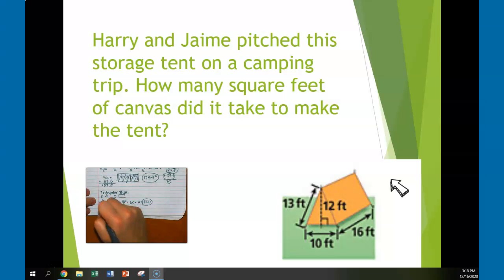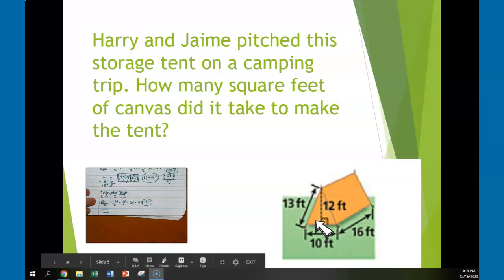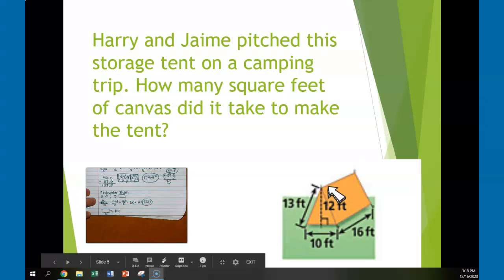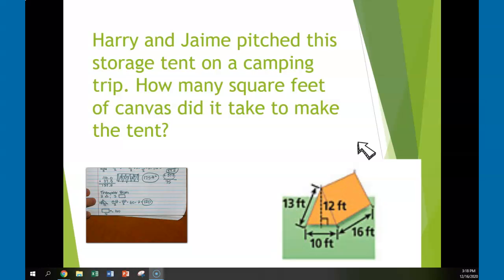Then my rectangles. I've got 10 by 16 for this bottom one, so it's 10 wide, 16 long. That would give me 160. The other 2 are going to be equivalent to each other because these 2 side lengths are the same.